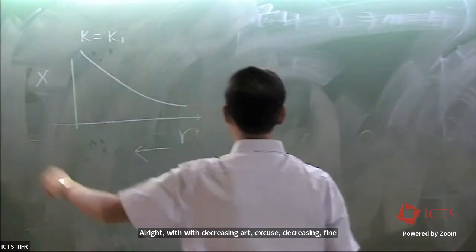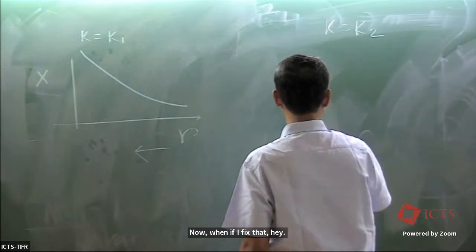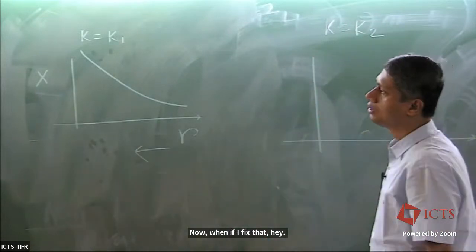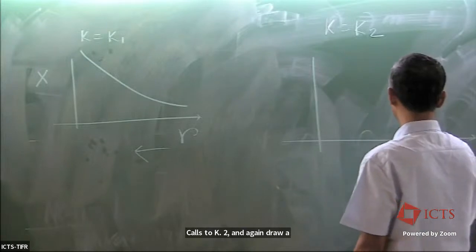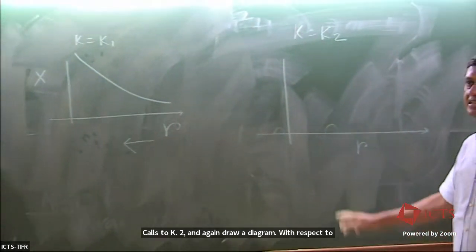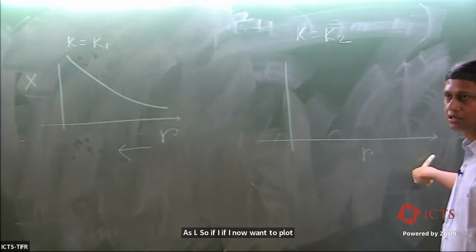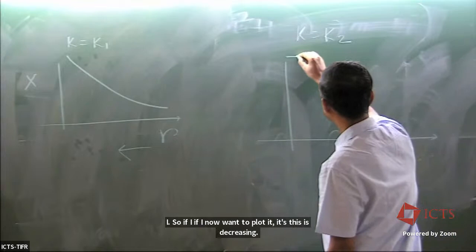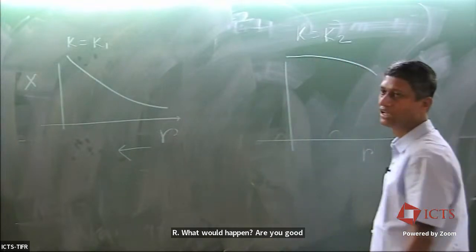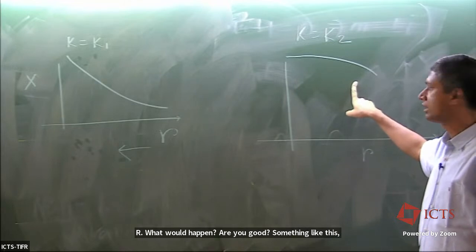Now, if I fix that k equals k2 and again draw a diagram with respect to r, let's say this is decreasing r, then I will get something like this. The abundance is declining.